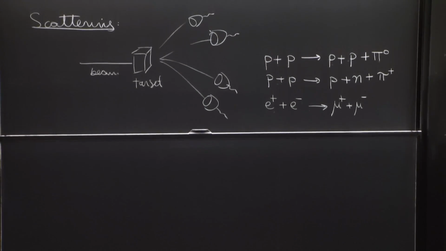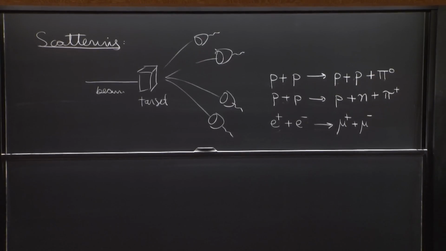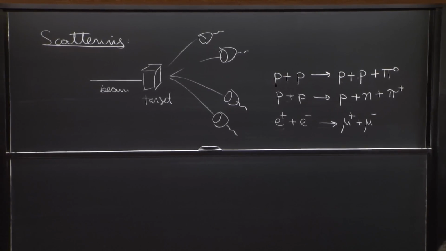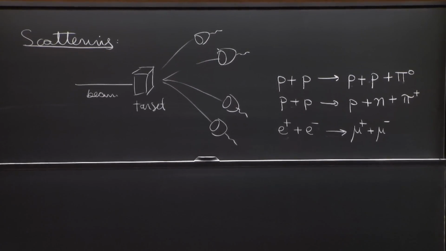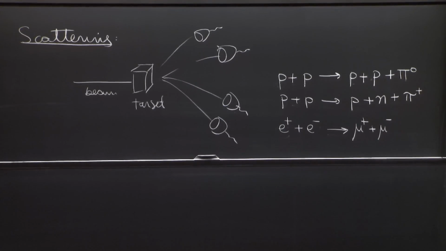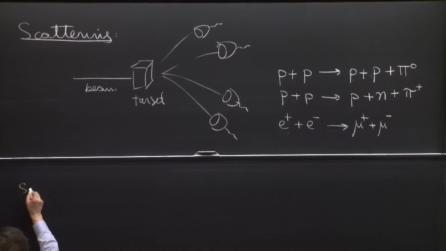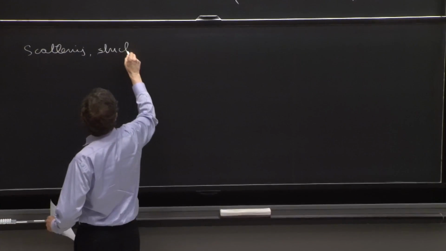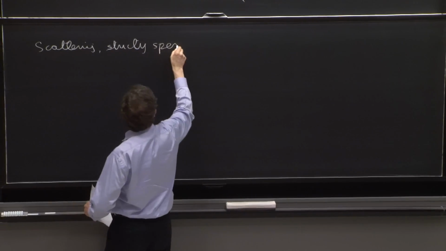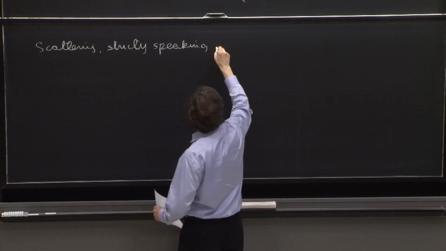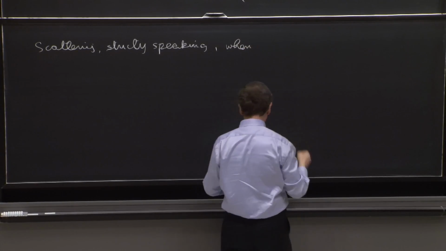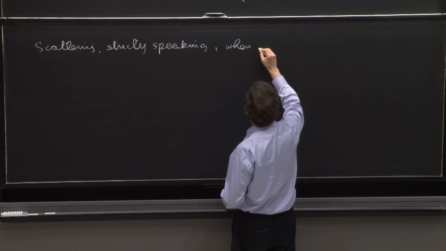But these are like reactions. Now, in our nomenclature for scattering, we will call a process a scattering process where the identity of the particles is unchanged. So we will have scattering, strictly speaking, when there is no change of identity in the initial and final states.